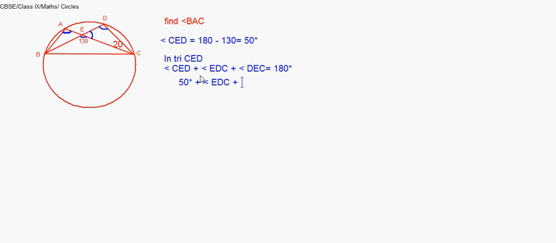Oh, I made a mistake here. I don't think this is the right name. It should be ECD. Excuse me, I'll write it again correctly. ECD, and the value of ECD is 20. That's equal to 180 degrees.